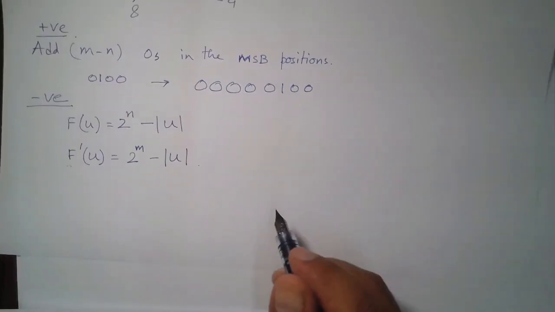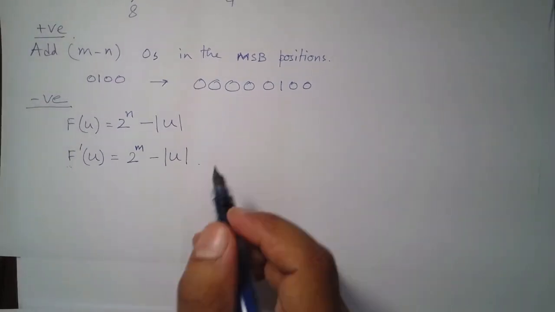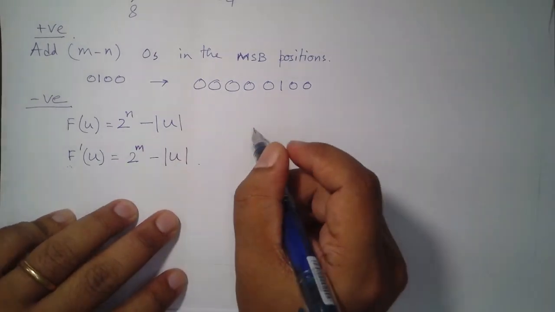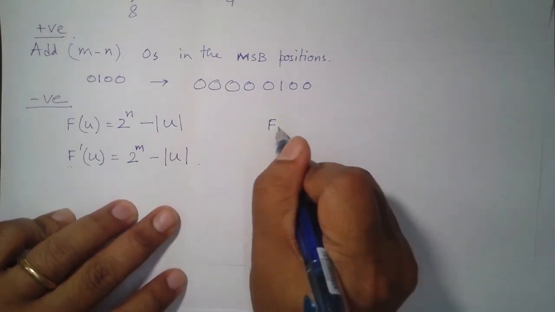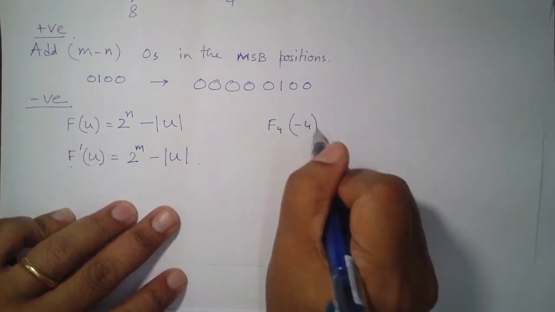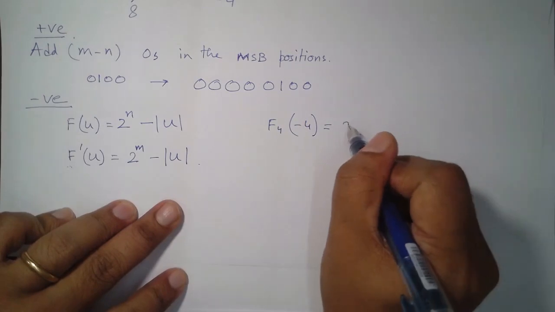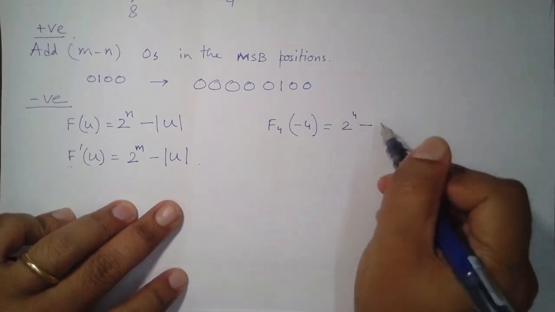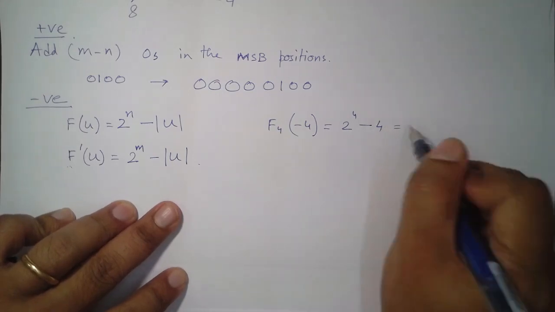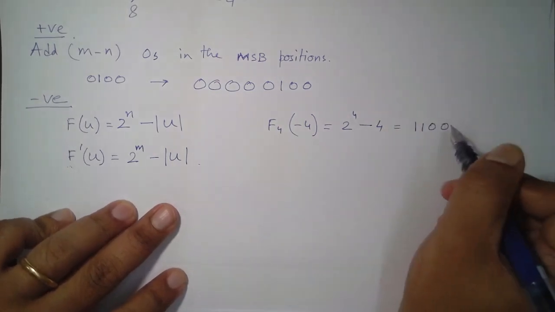So if you think a little bit, it should not be too difficult. Let us take this example. We have a 4 bit representation of minus 4, which is 2 to the power 4 minus 4, which is 12, and the representation is 1100.